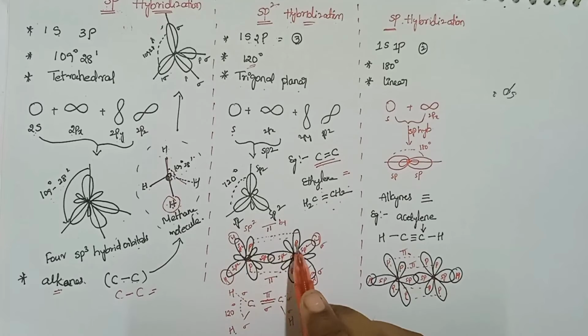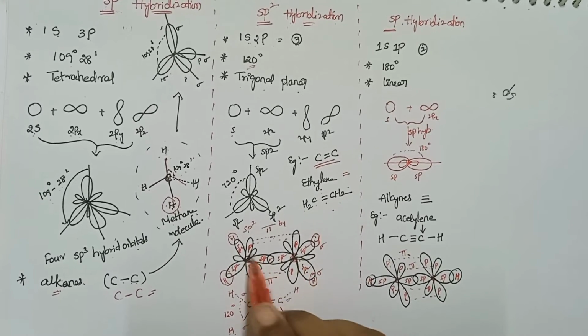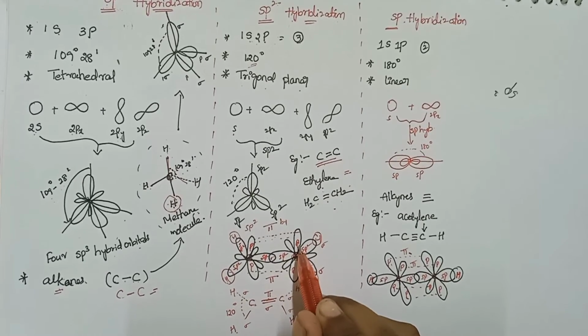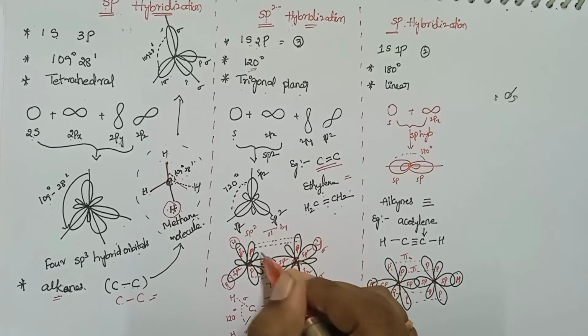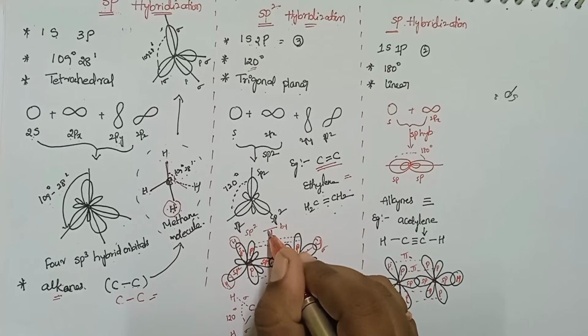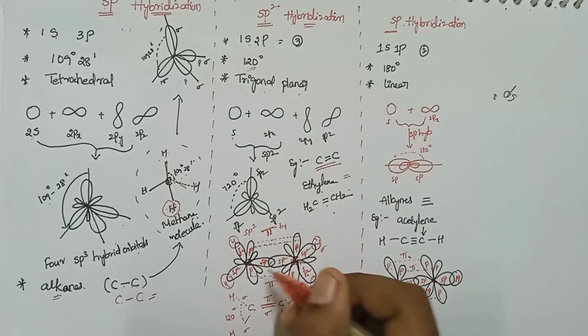The pure p orbitals, one on each of the two carbon atoms, overlap with each other sideways, and a new bond is formed. The new bond is known as a pi bond.